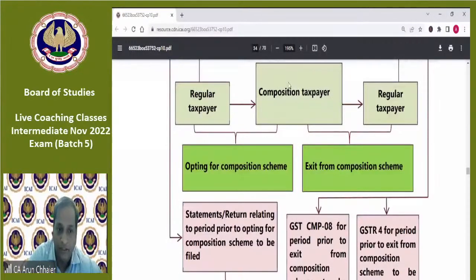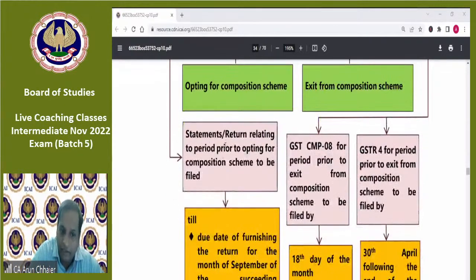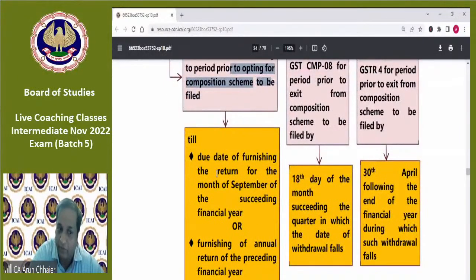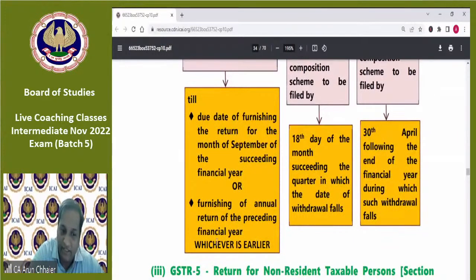So a regular taxpayer has converted to composition, or composition has converted to regular. That is opting for composition, and that is opting out from or exiting composition. Correct? Statement or return relating to the period prior to opting for composition is to be filed till the due date of furnishing the return for the month of September or the annual return, whichever is earlier.